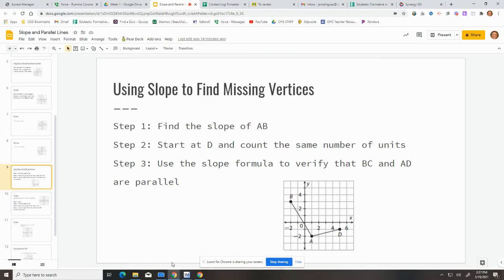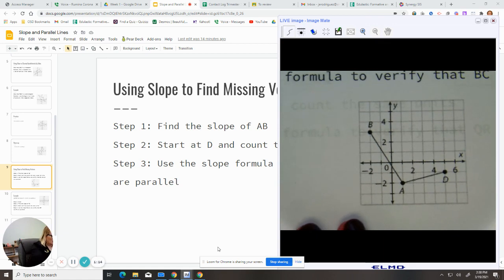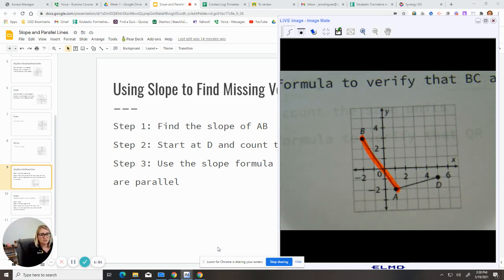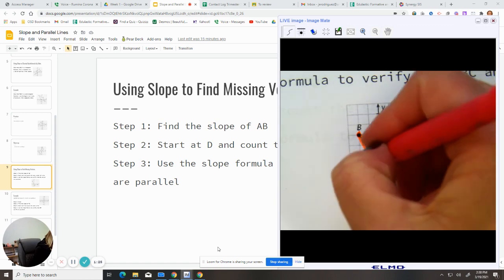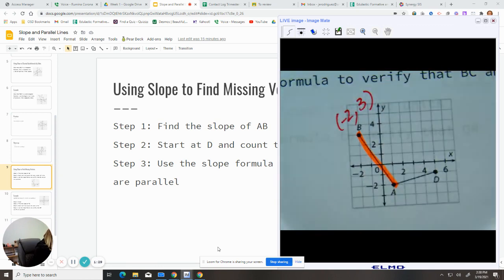So I'm going to pull up this other screen so that we can find the slope of this line right here. And again, the first thing that we need to do is identify what the points are. So B is going to be over -2 and up 3.